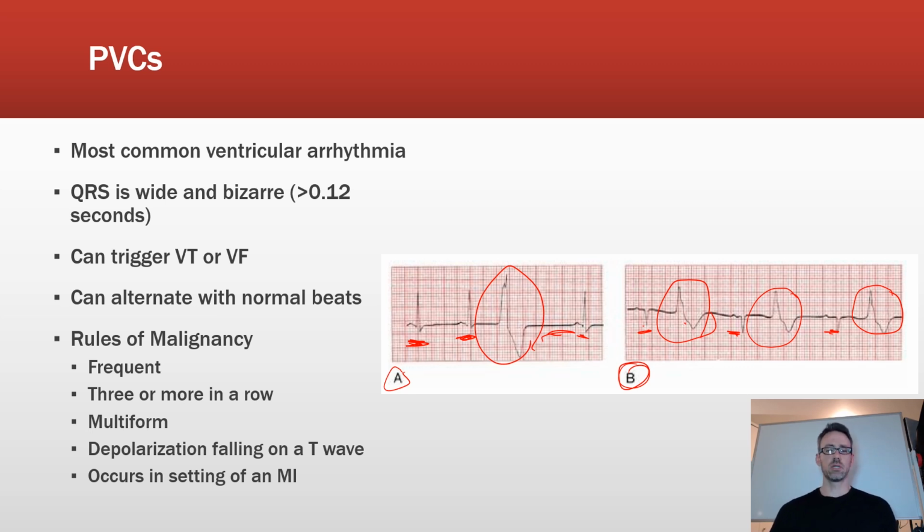And then there's something called depolarization falling on a T wave. So for example, if this PVC falls on a T wave, or in other words, if it occurs during repolarization of a normal complex, the danger of that is that it can actually set up the person for a fatal arrhythmia like VTAC or ventricular fibrillation.